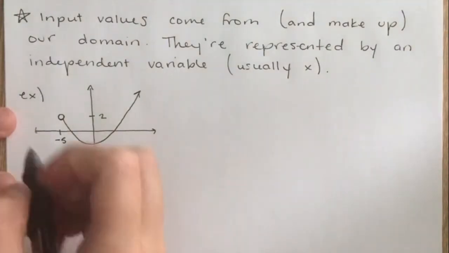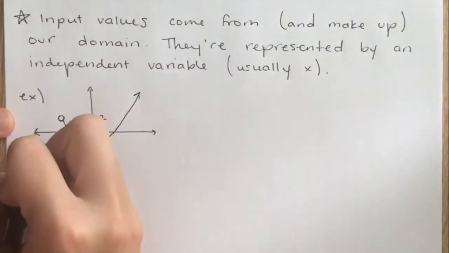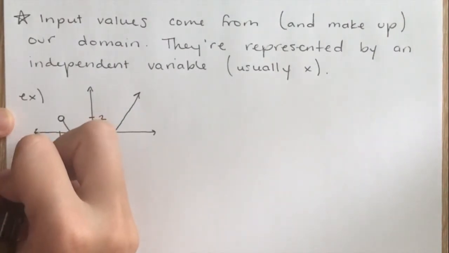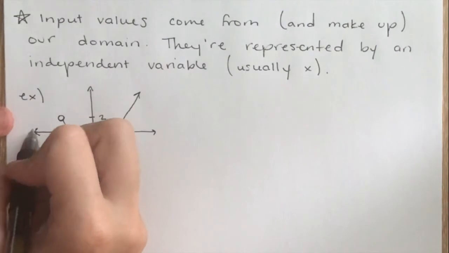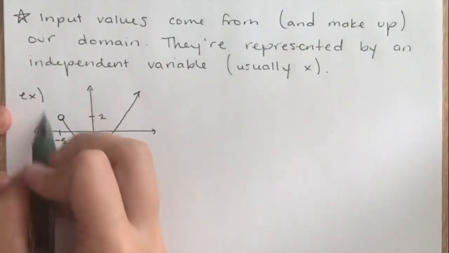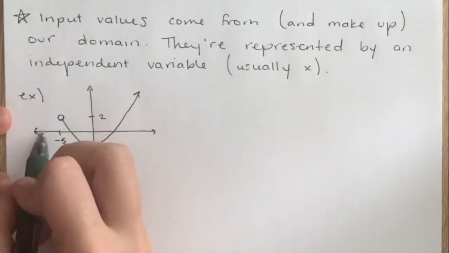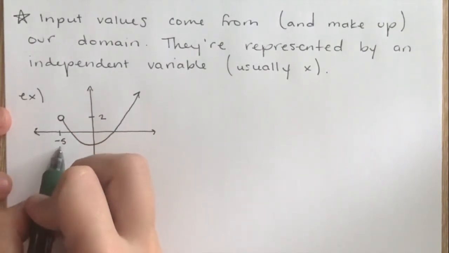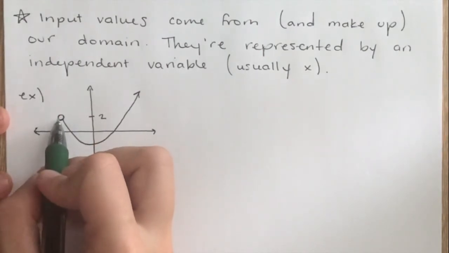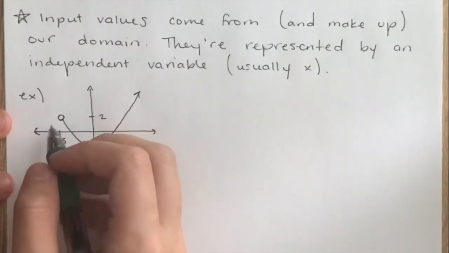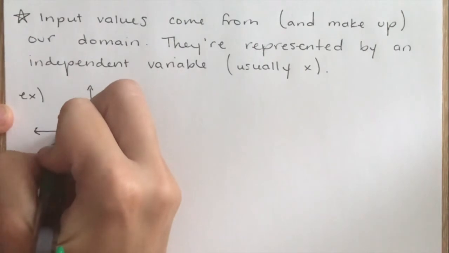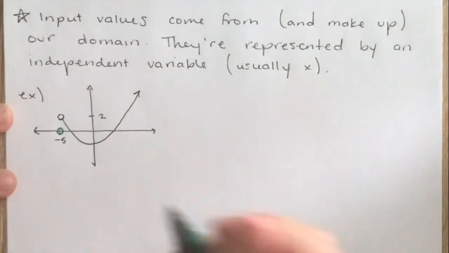What I like to do when I'm looking for a domain is scan along the x-axis and see, do I have any function above or below me? As I'm scanning from left to right, I'm looking up and down, there's nothing above or below until I get to -5. When I get to -5, I've got this open point here. Again, it's not included, but it does start at -5, so I'm going to mark that with an open point.